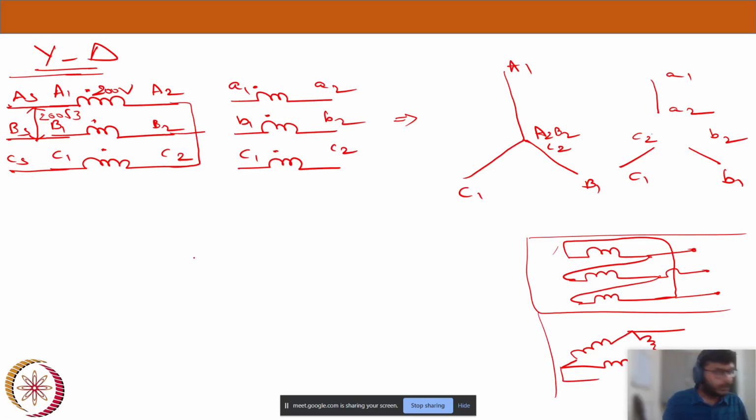Now with that, I am trying to connect. If you see here, A2, I am trying to connect to B1, and B2 to C1, and I will short A1 and C2.